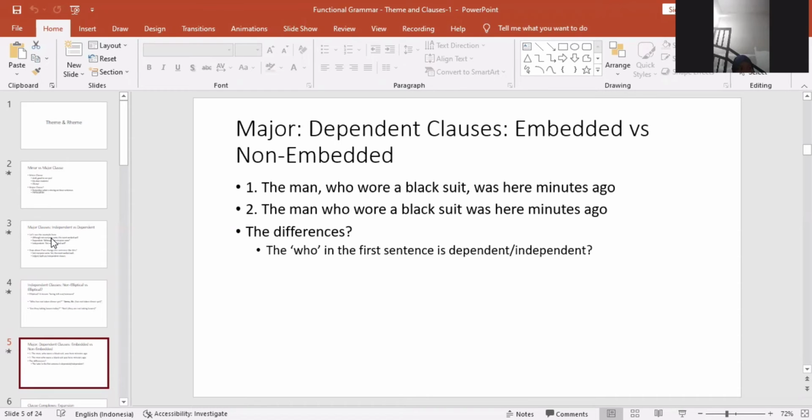"The man who was a blacksmith was here minutes ago." When analyzed into the transitivity system, it answers the question who is the man, who is called an actor. Maybe that's enough from me. Back to the moderator.